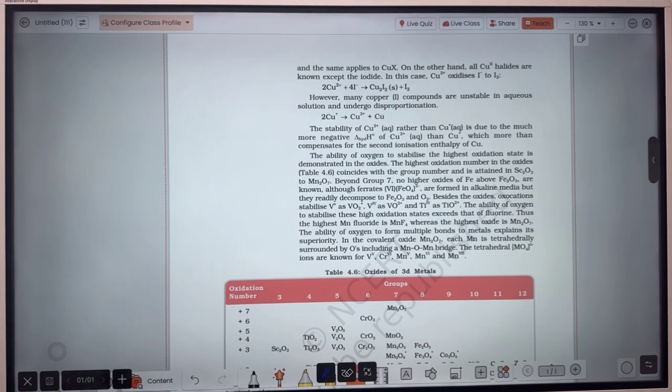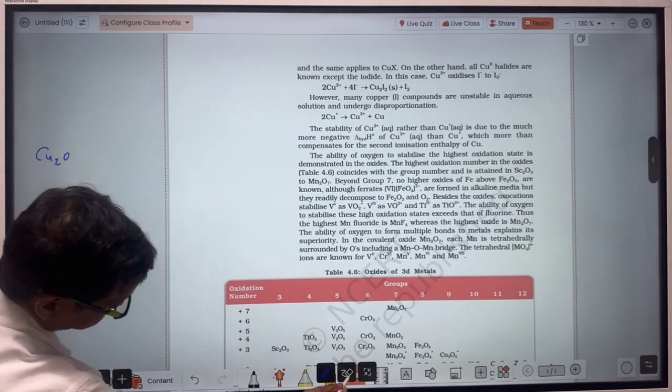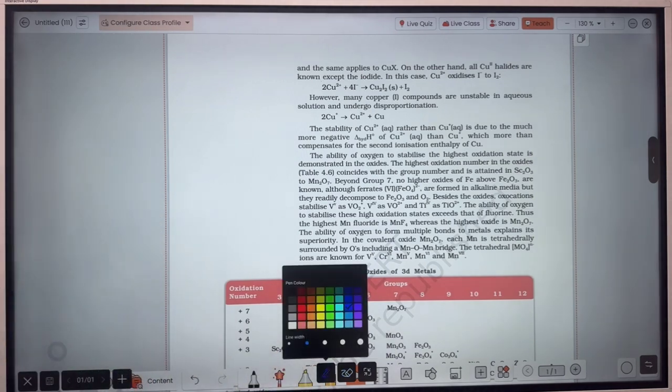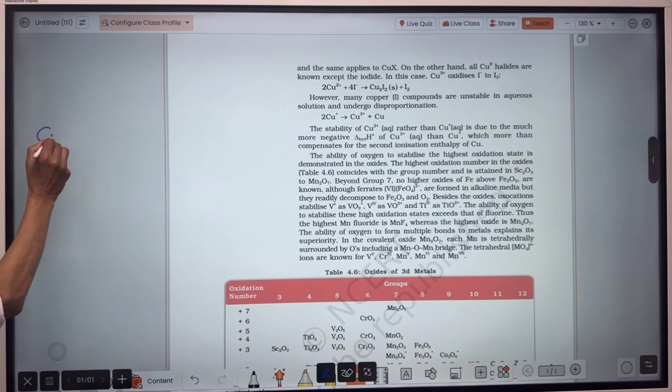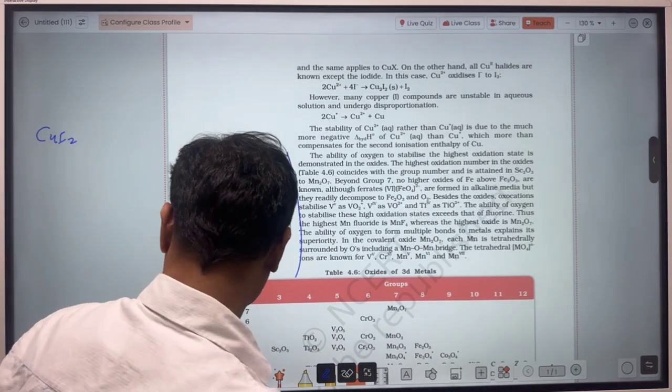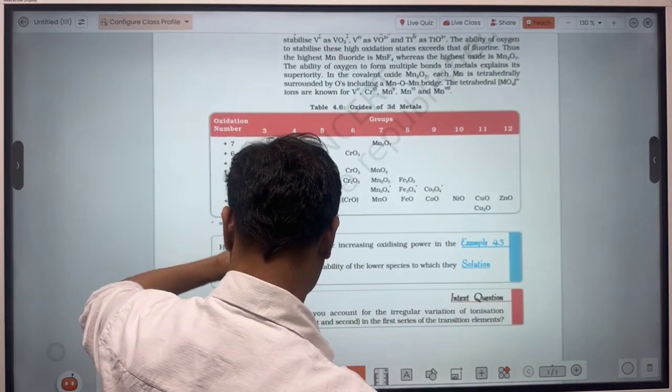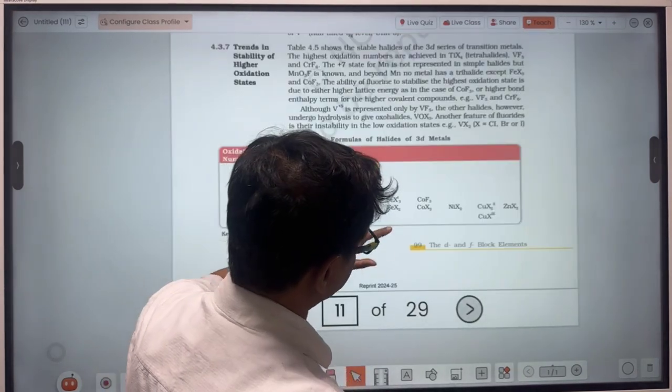If suppose Cu2I2, no sorry, Cu2, what we have discussed here in the previous data.